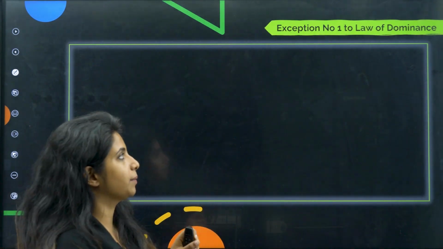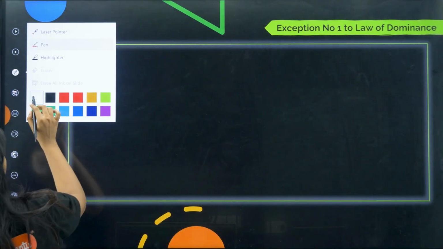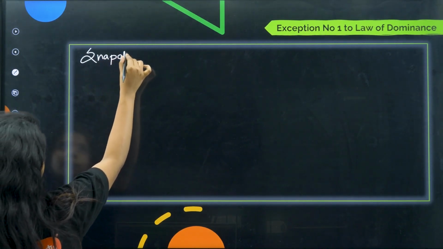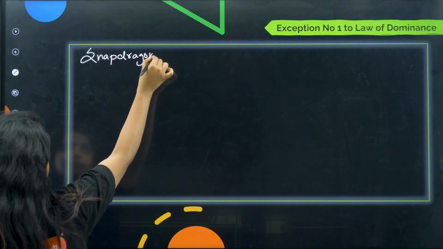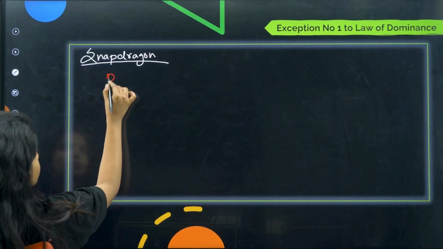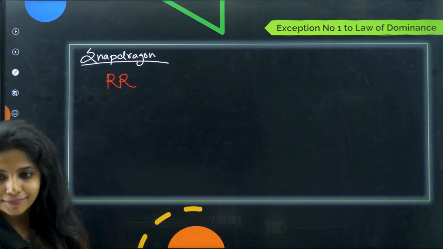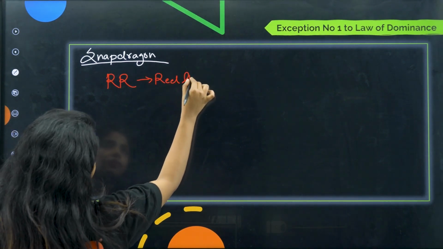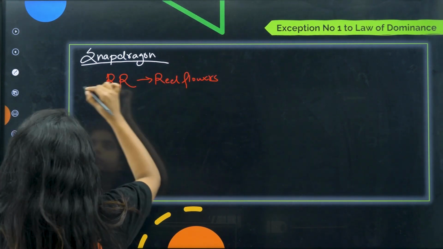Let's see what that something is. Basically, in flowers of snapdragon, they had red flowers with RR. RR always resembles what? Red flowers. Fine.